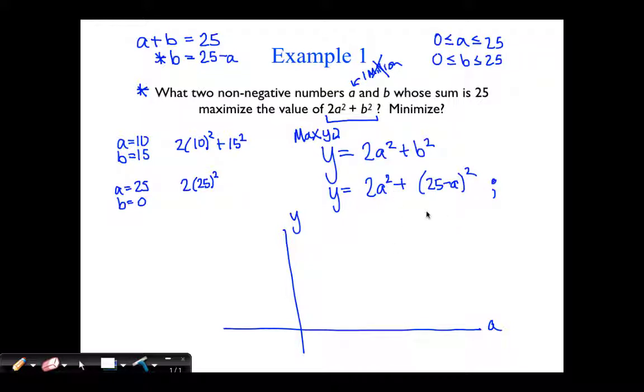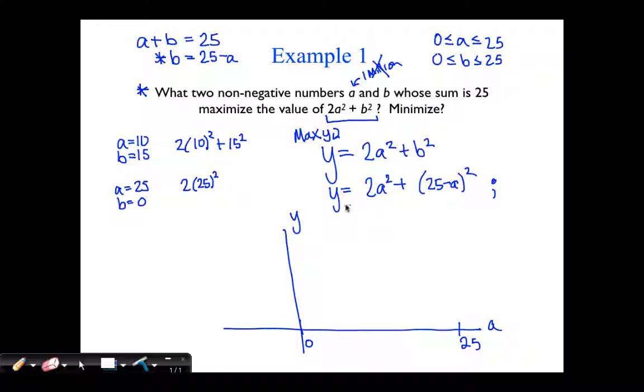But in any case, I can see this to be a quadratic function of sorts in terms of a, so it should definitely have a maximum or a minimum, but I'm only allowed to use a between 0 and 25. So if you want to think about this graphically, we could expand this.